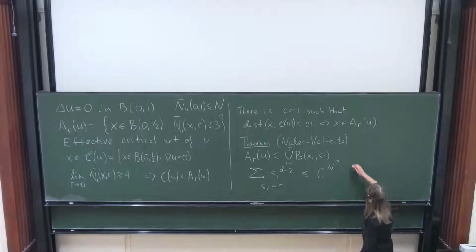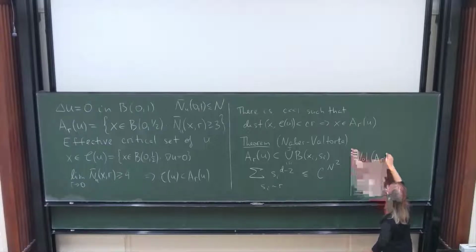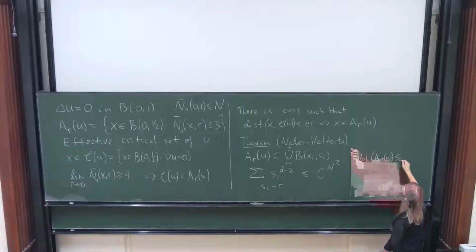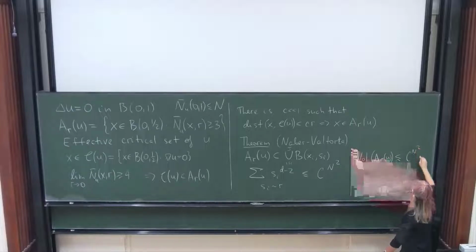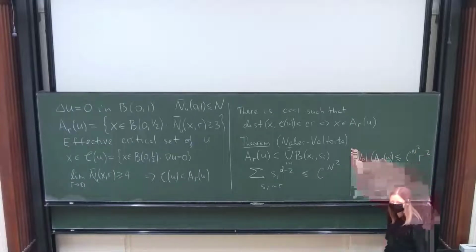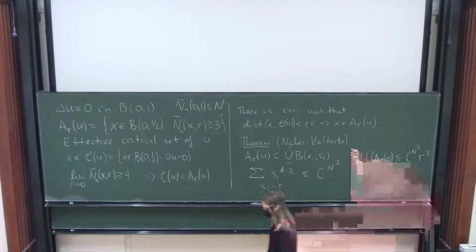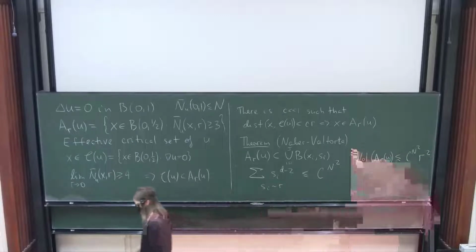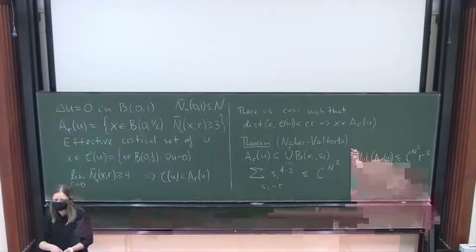So the volume of the effective critical set is bounded by this one. We believe this critical set is a nice set of codimension 2.